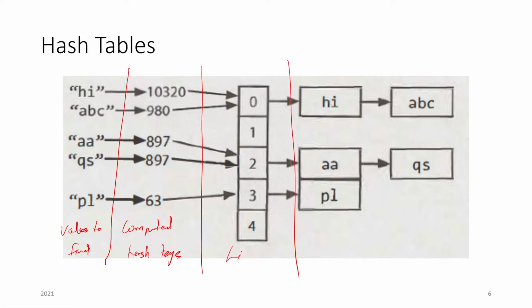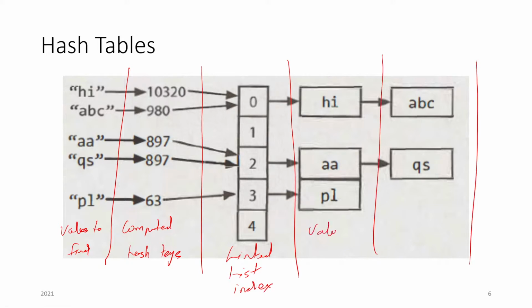This here would be our linked list index. And these here would be values to be found. So we establish a mapping using the computed hash keys to our linked list index here to go about finding these values in a faster manner.